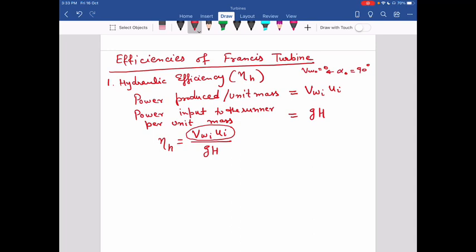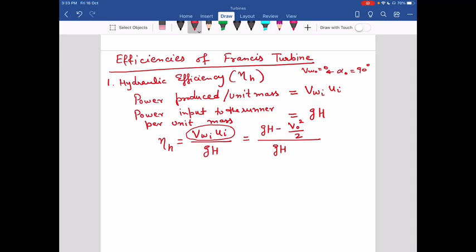So we can also write this as the energy supplied minus the waste energy, divided by GH. So this is another formula for hydraulic efficiency.